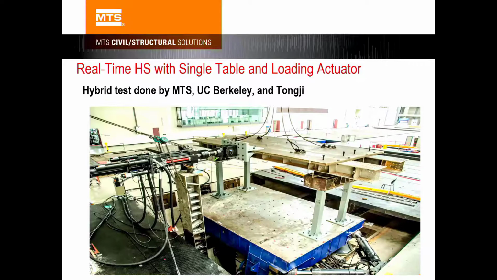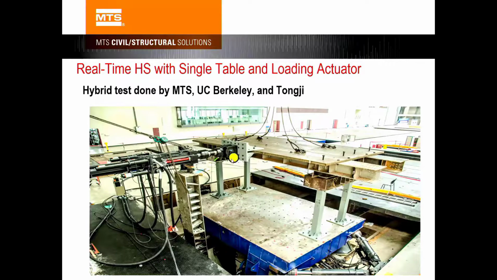So this is another example we did, again in the same project. MTS, UC Berkeley and Tongji, we worked together at Tongji University. Again, this is the shaker table, and the columns are here, but the weight on the bridge deck is missing.